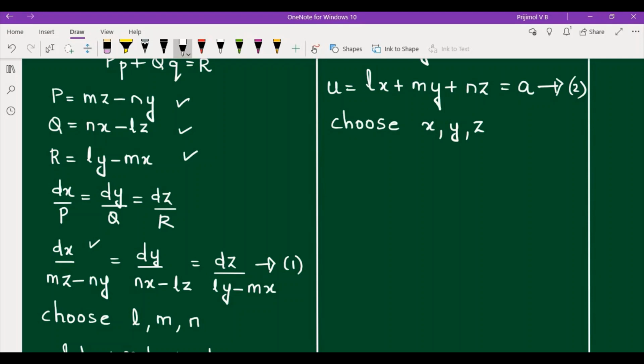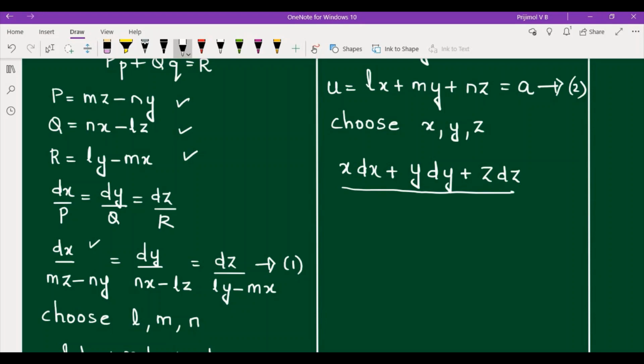So you know that all these three ratios are equal to x dx plus y dy plus z dz. I am multiplying the multipliers to the respective ratios, that is x for the first ratio, y for the second ratio, and z for the third ratio.